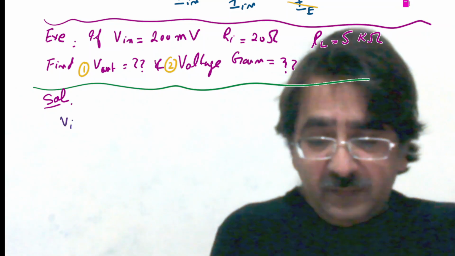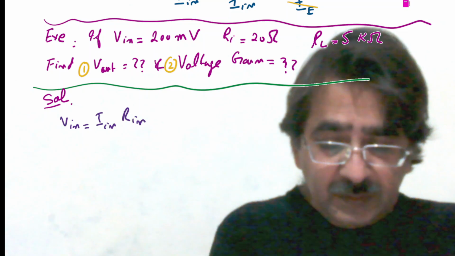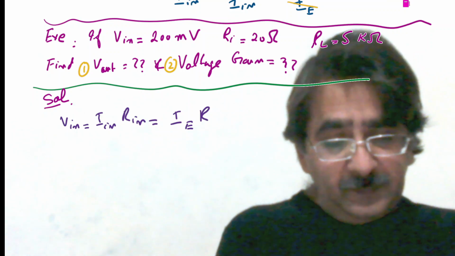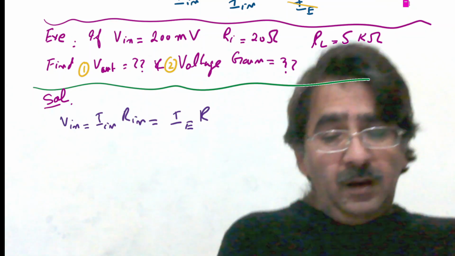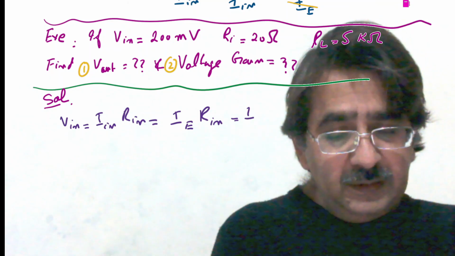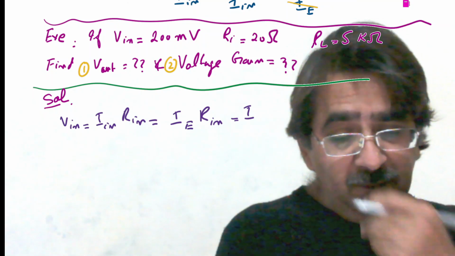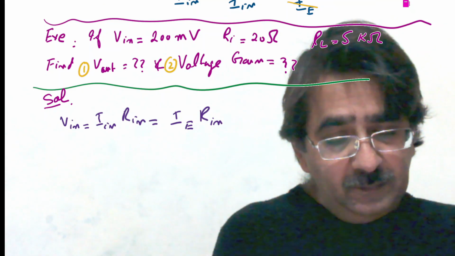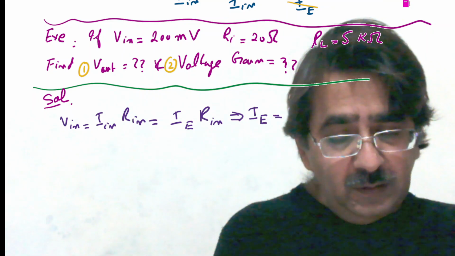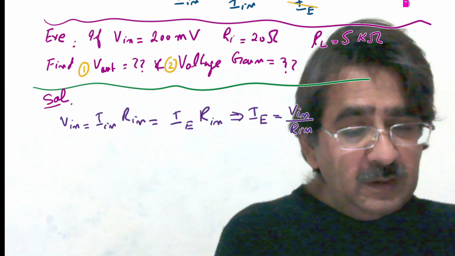As we know that V in is I in R in, which is IE times R in. R in is given. So this implies that IE will be equal to V in over R in.